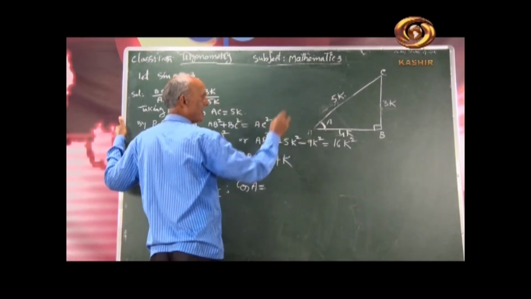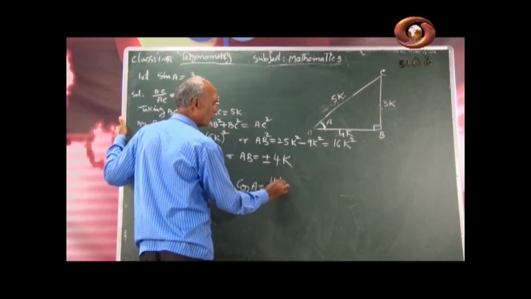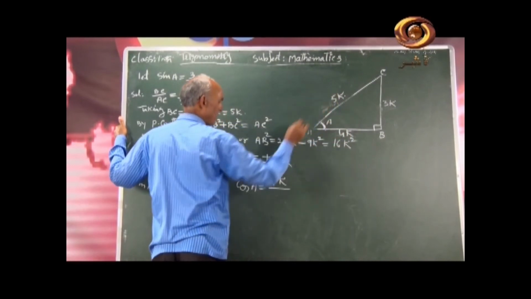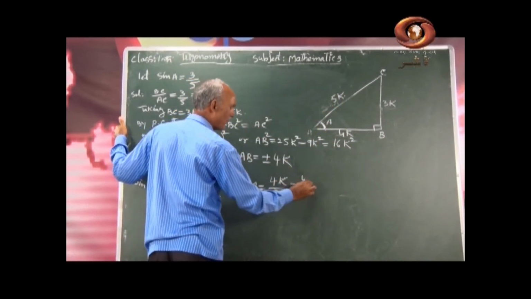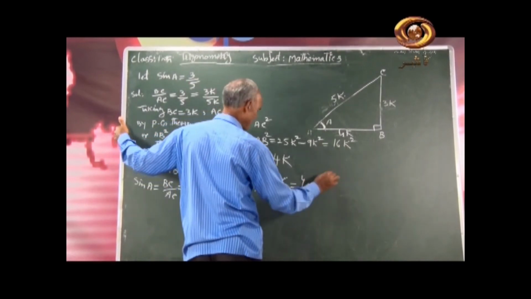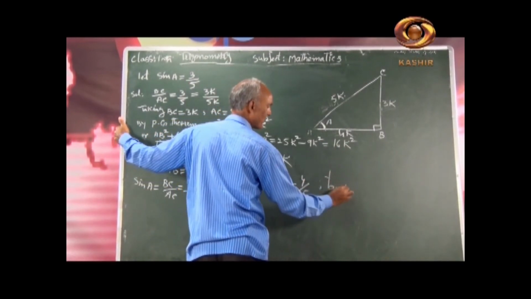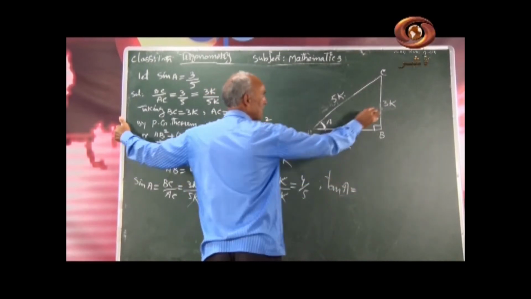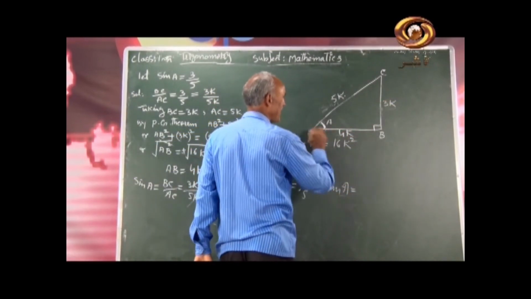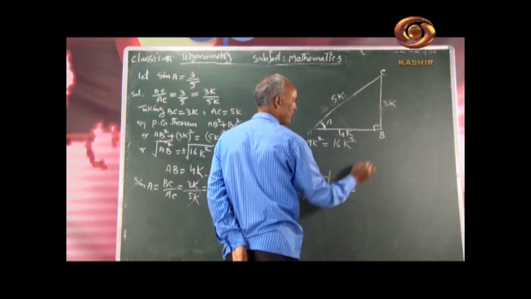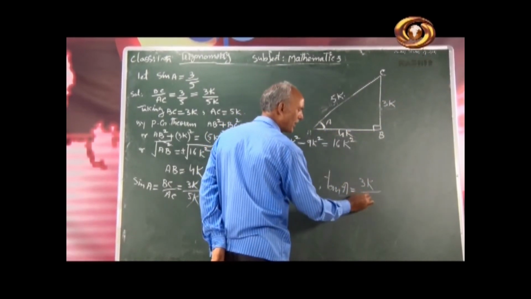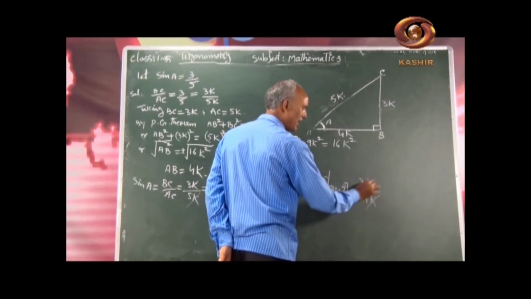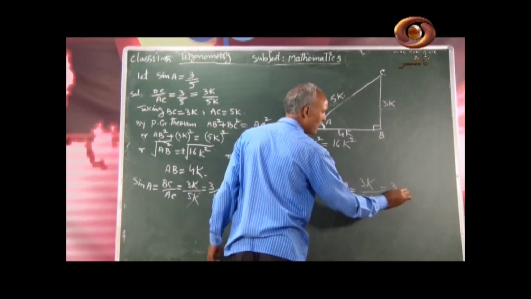We will write AB by AC and put the values. We will get 4k by 5k. K will cancel out, we will get 4/5, and then we will get tan A. Tan A is perpendicular by base, means BC by AB, and value of BC is 3k and value of AB is 4k. Cancel out k, we will get 3/4.